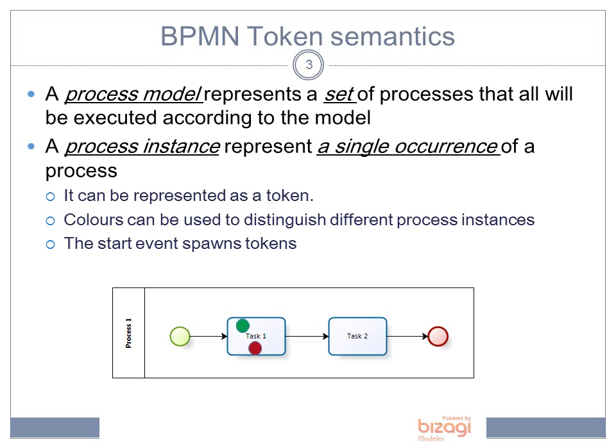Then a second process instance is started, represented by the green token. Also, this process instance is in the state awaiting the performance of task 1. When task 1 is finished for the red process instance, the process instance moves to the state where it is awaiting the execution of task 2.